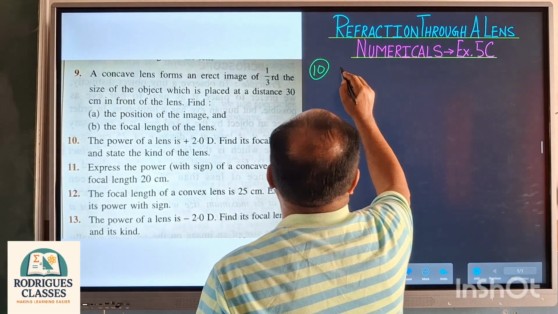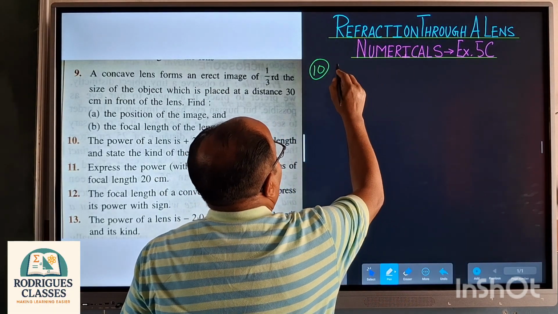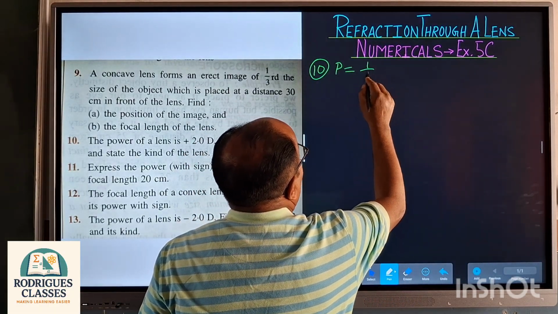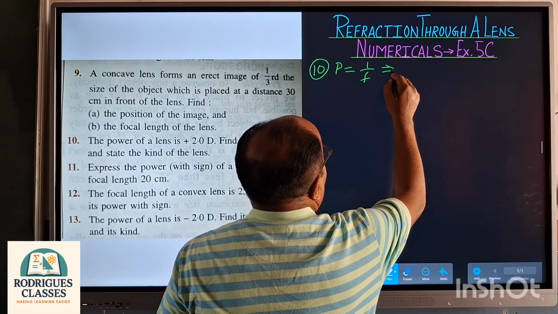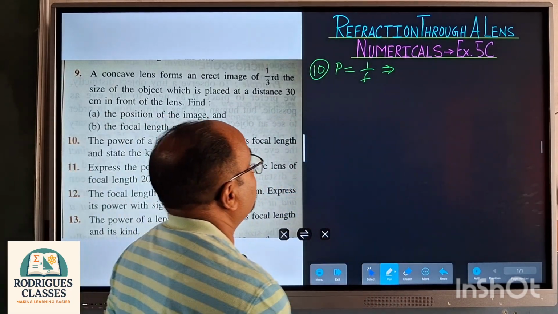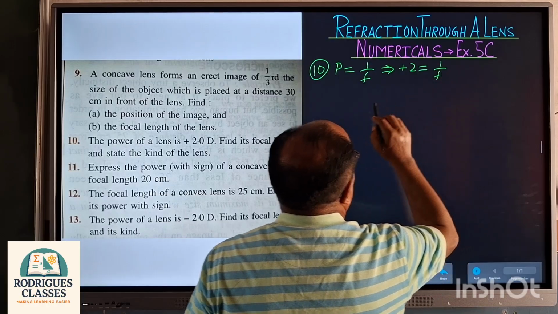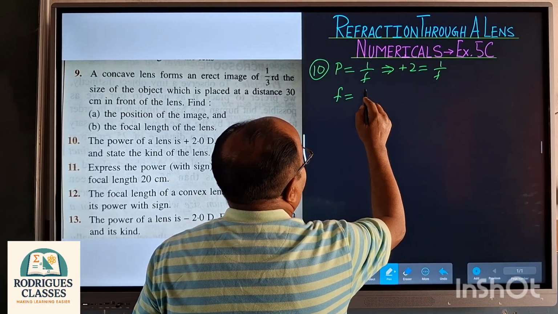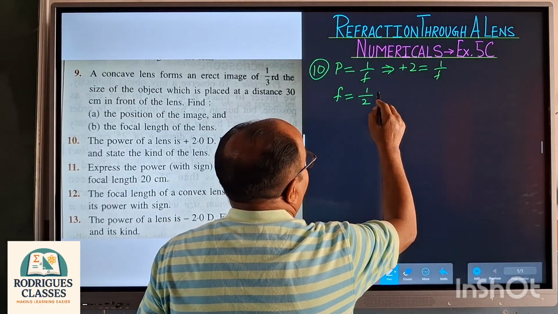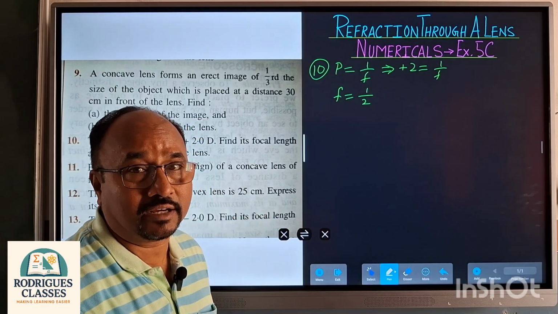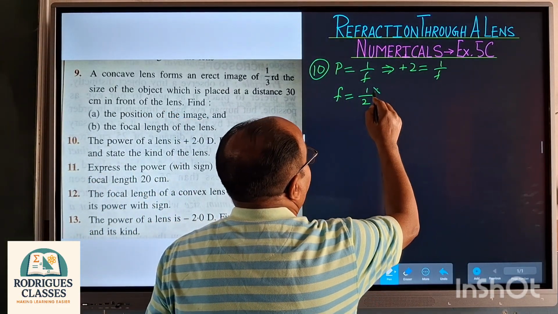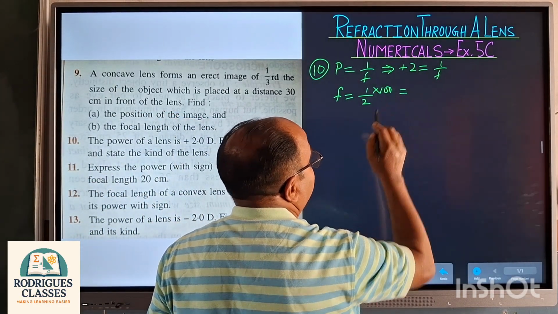So we will write here P equal to 1 by f. So power is given to us +2, equal to 1 by f. So f will come as 1 by 2. This is coming in meter. So I am writing here into 100 to convert it into centimeter.